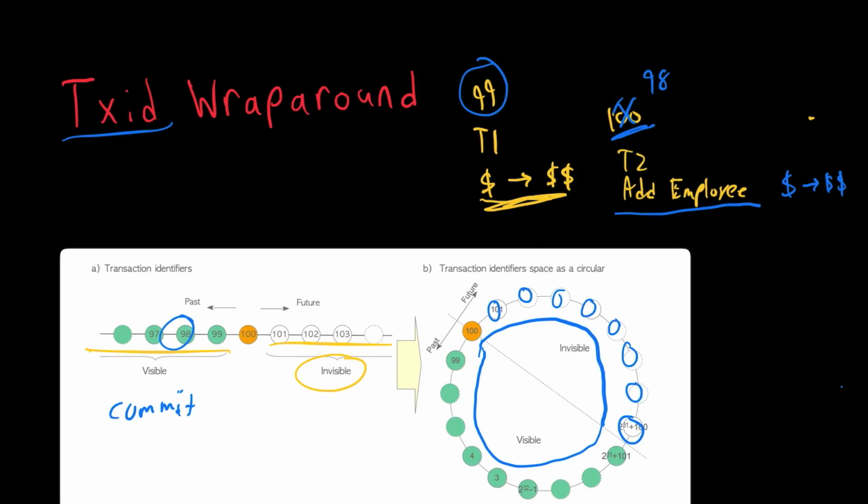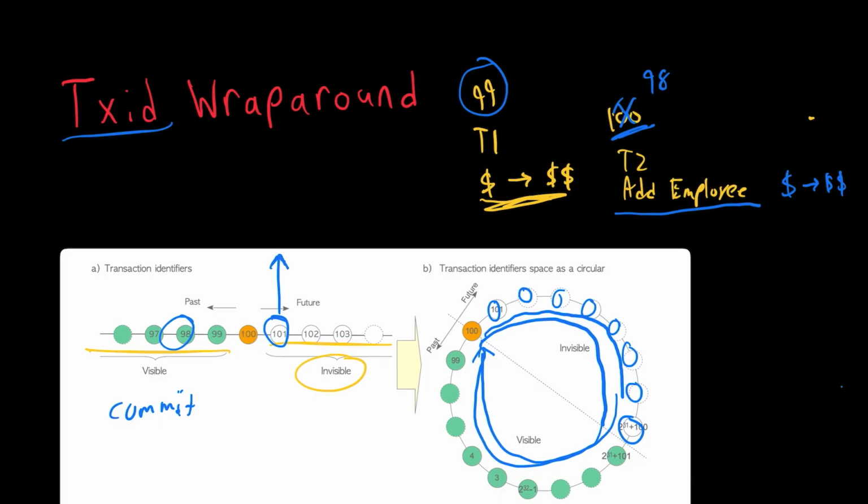But there is a problem that arises when we want to do this, because you can imagine we're working our way around the circle, assigning more and more transaction IDs, but suddenly we get to a point where we're back here again, right? And now we want to assign a transaction ID of 101, but this transaction ID actually already has some information from the past.